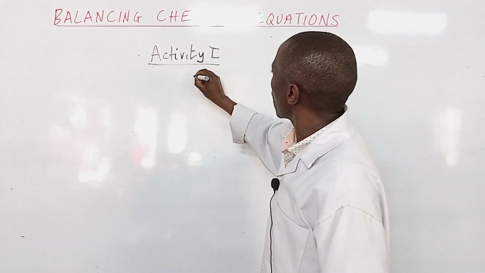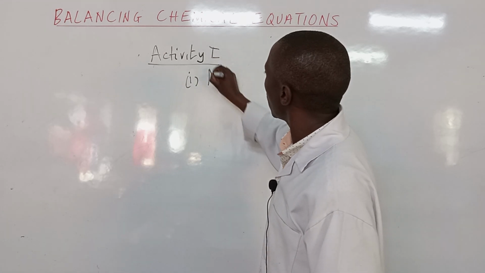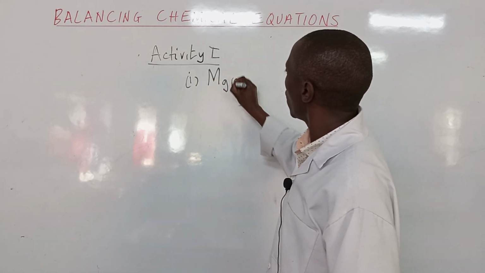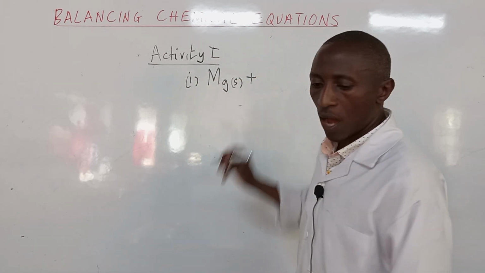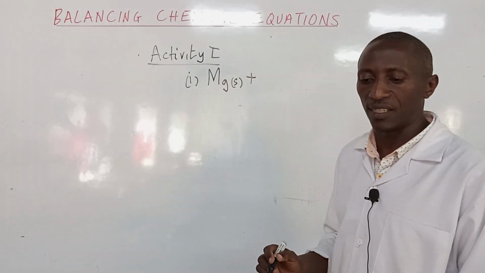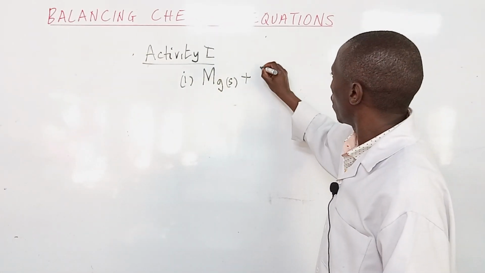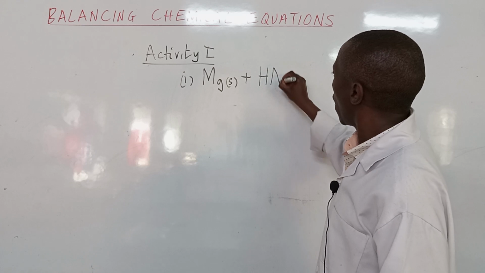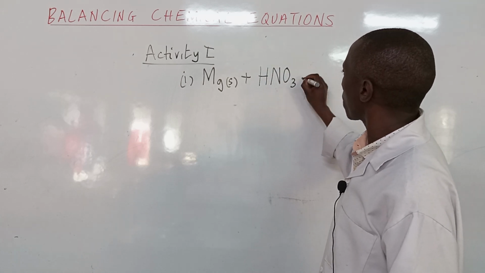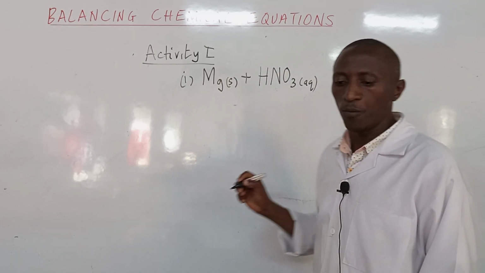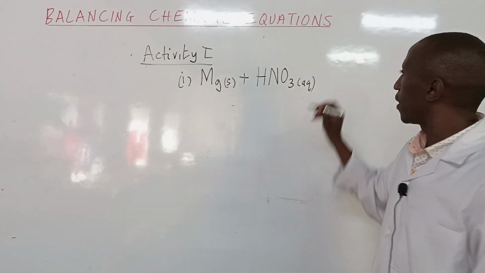Number 1, the reaction of magnesium solid with dilute nitric acid. Dilute nitric acid, that is HNO3, and it's soluble in solution form.